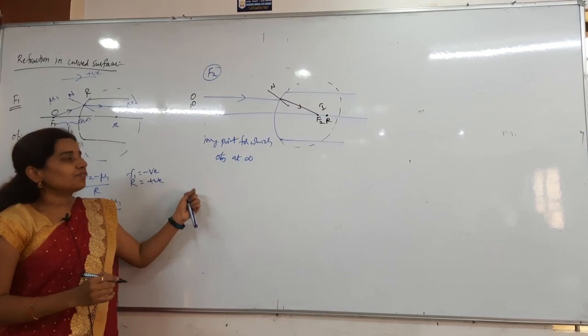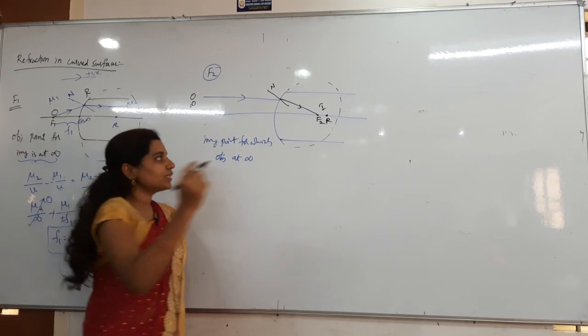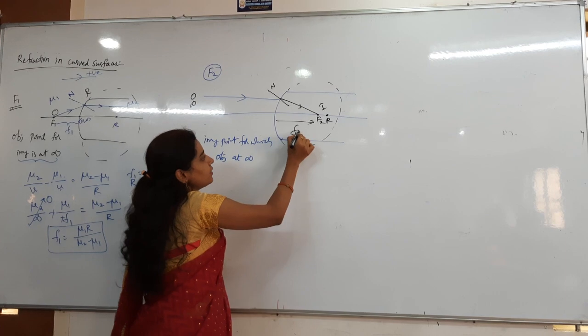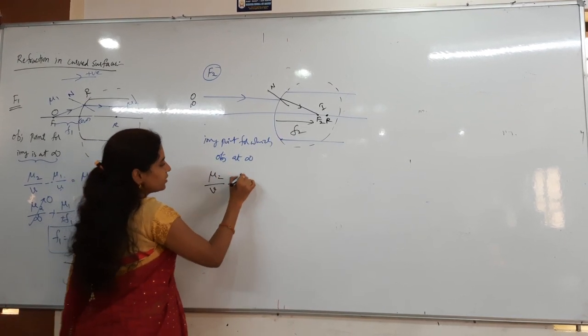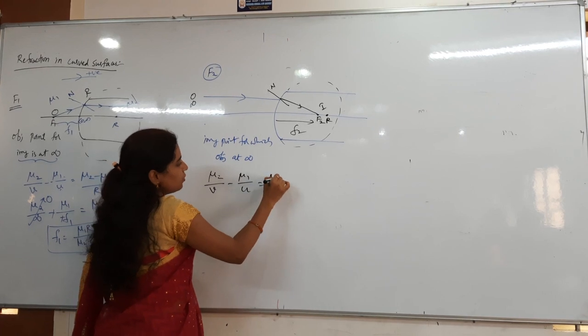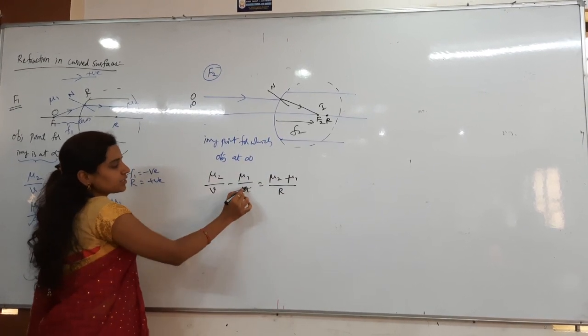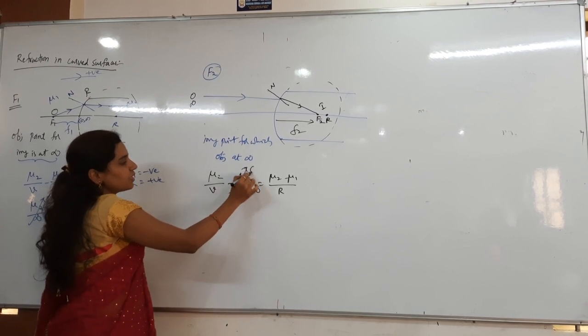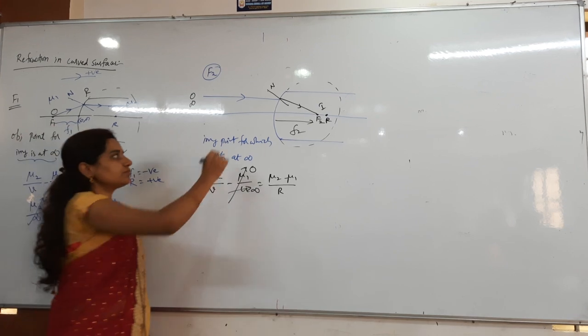Then you have to find out by the same procedure, again you have to find F2. For that, this distance is F2. Now again the formula: mu2 by v minus mu1 by u is equals to mu2 minus mu1 by r. The u value is how much? Infinity. Total value becomes how much? 0. Now which is mu1, which is mu2?